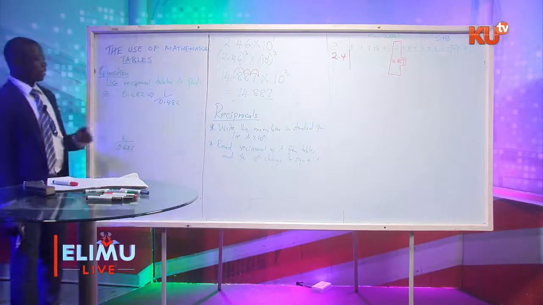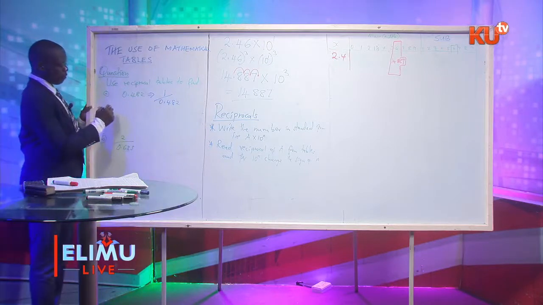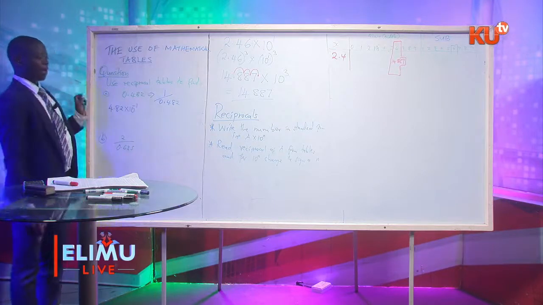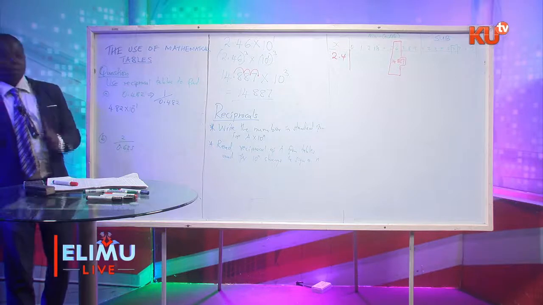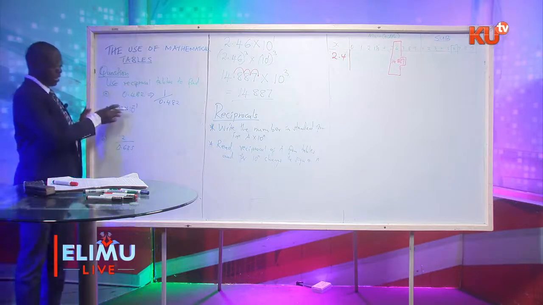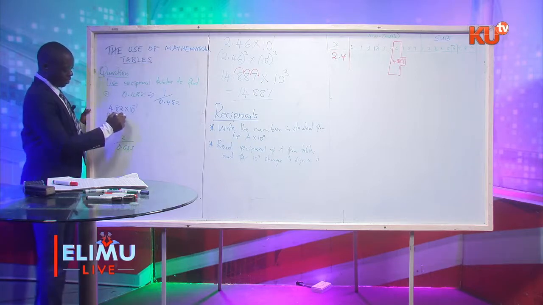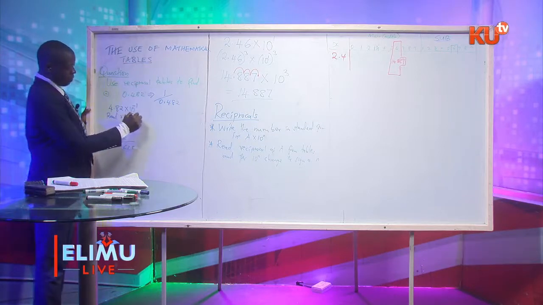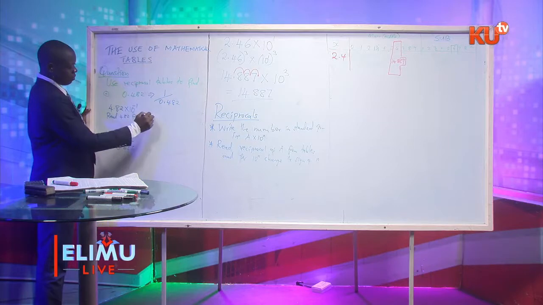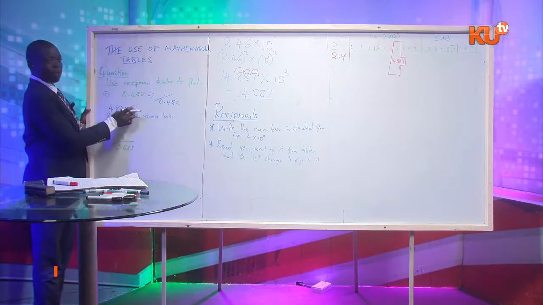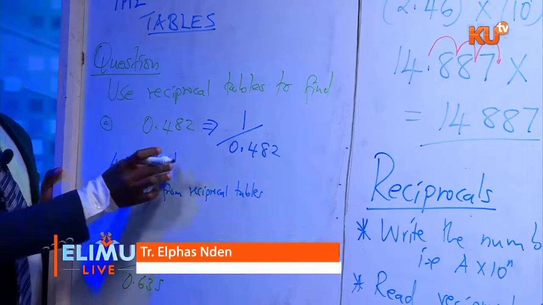Expressing this number in standard form, you will have 4.82 times 10 power negative 1. So for reciprocals, we read this from tables. We read 4.82 from reciprocal tables, and then we shall multiply by 10 power positive 1.